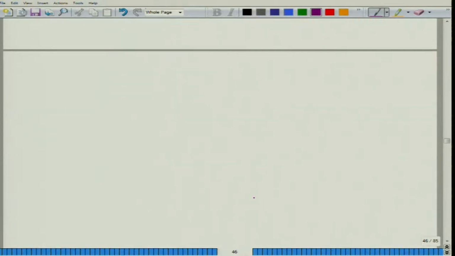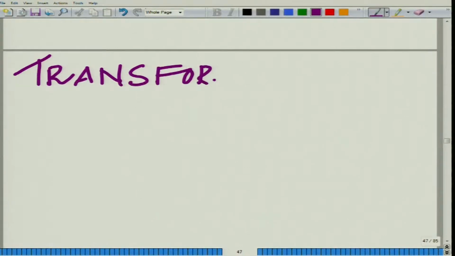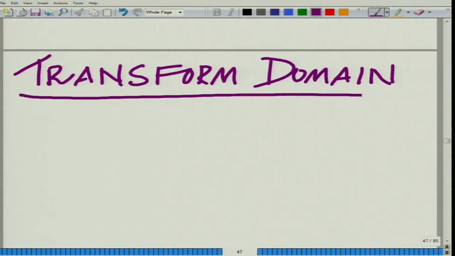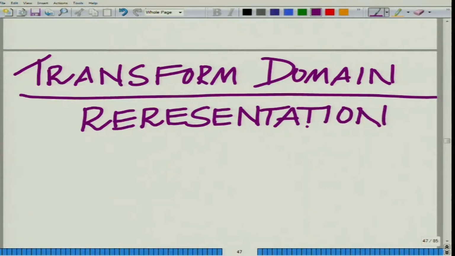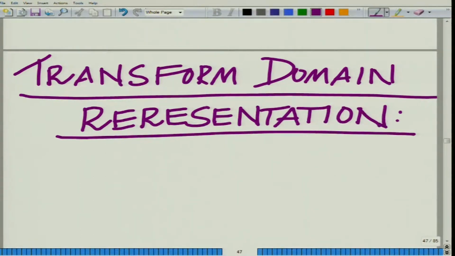This is known as a transform domain representation. Let us call this the transform domain representation. And we can define the D transform of the code.